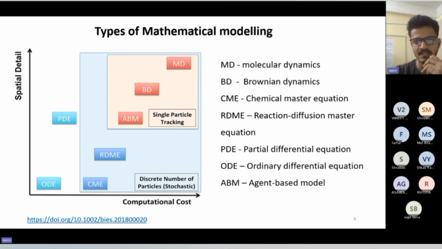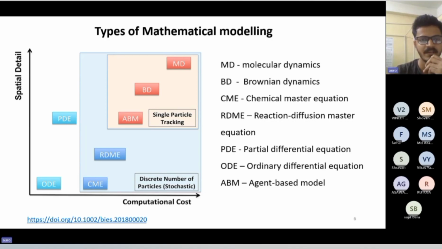But as we all know, the computational cost of these kinds of models is very high. And the other thing is we will not get that much spatial detail. Spatial means how the system behaves in space. There we are just getting how the system behaves with respect to time, but we are not getting that much information about the spatial aspect.